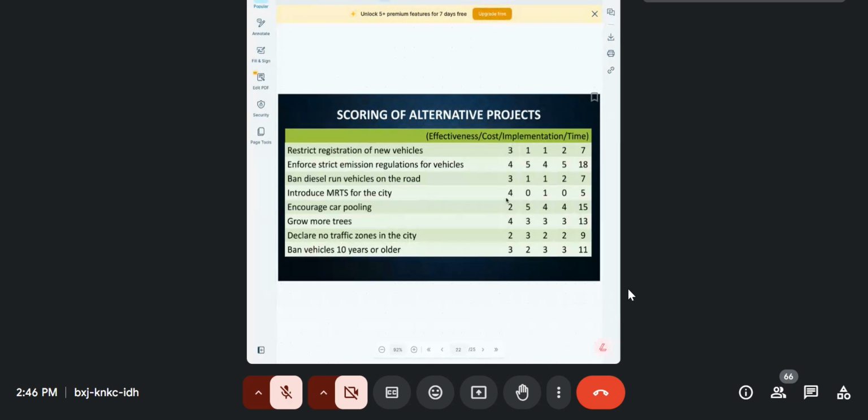So of course, this is based on your understanding of the actual project in terms of, for example, effectiveness.